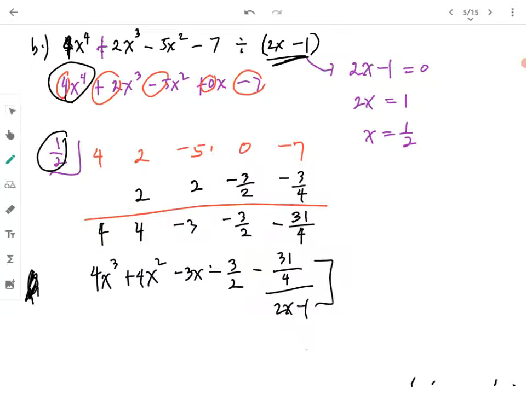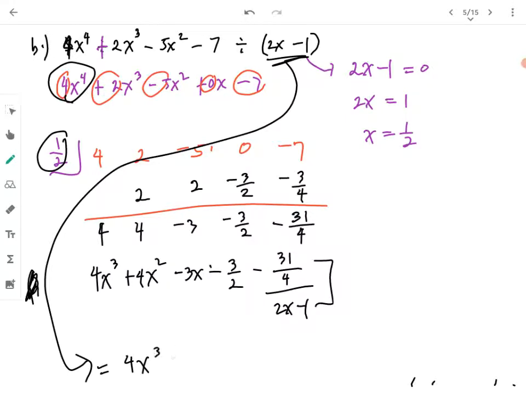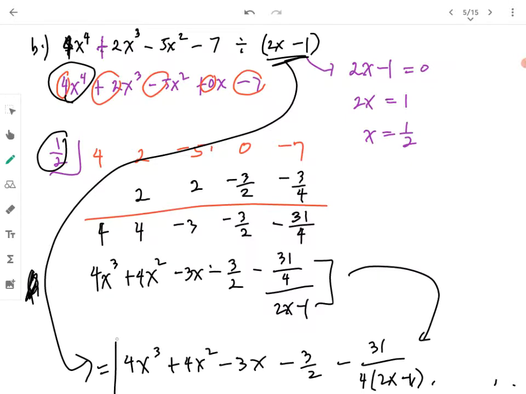Simplifying this portion, our answer is 4x cubed plus 4x squared minus 3x minus 3 over 2, minus 31 all over 4 times 2x minus 1. So we're just simplifying this to get this. This is our final answer with the quotient and the remainder.